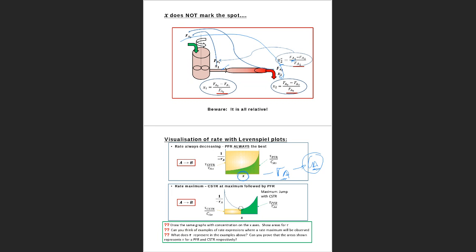And I always start with what I feed to my reactor. It is completely blind to the reactor type. So you construct a Levenspiel plot by asking how the rate changes with concentration. I like to use X on my plots because then it goes from 0 to 1, whereas concentration goes in the opposite direction, from where I enter my reactor.